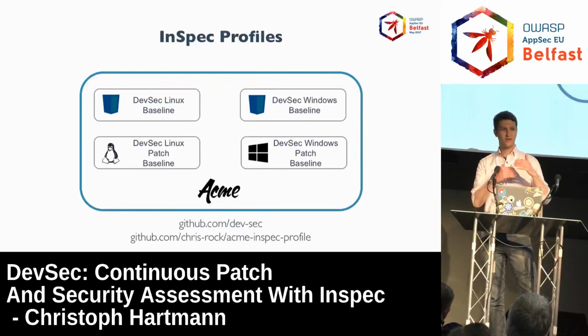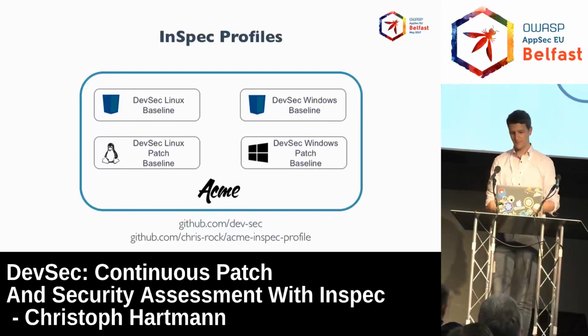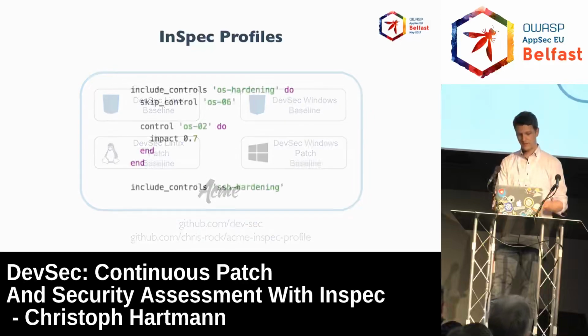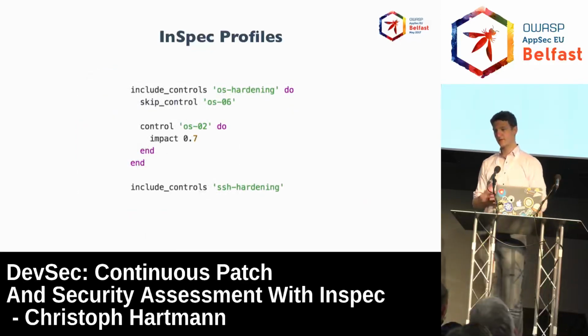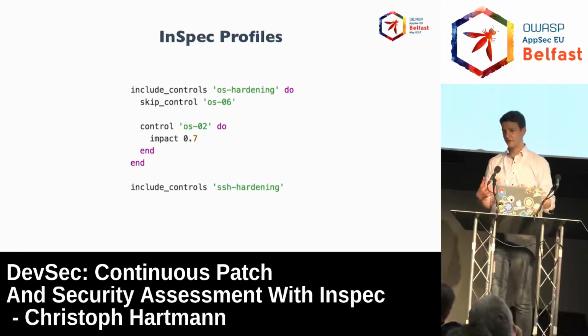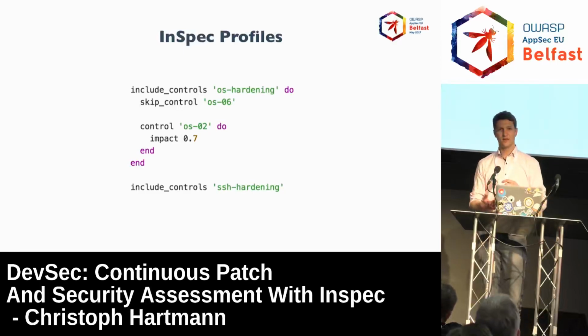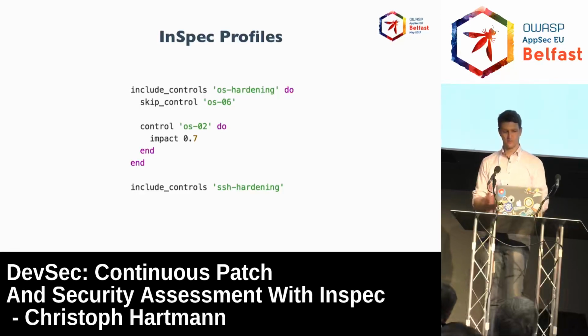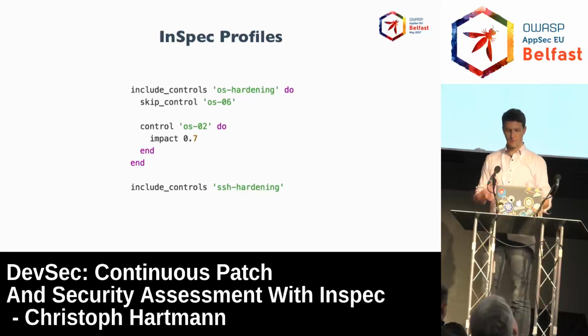But now you get multiple baselines, and it's still difficult to share those around. And that's why we came up with the meta profile. And this is how it works. So you can say in your meta profile, I include controls, and this is how you manage your overlays too. I can skip controls, I can change controls. And this is really powerful because it allows you to manage everything.